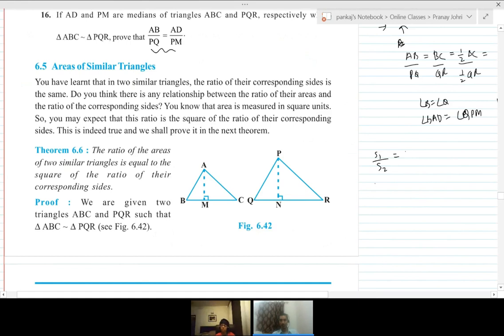So if we have two triangles that are similar, the area ratio would be equal to the square ratio of the corresponding sides.